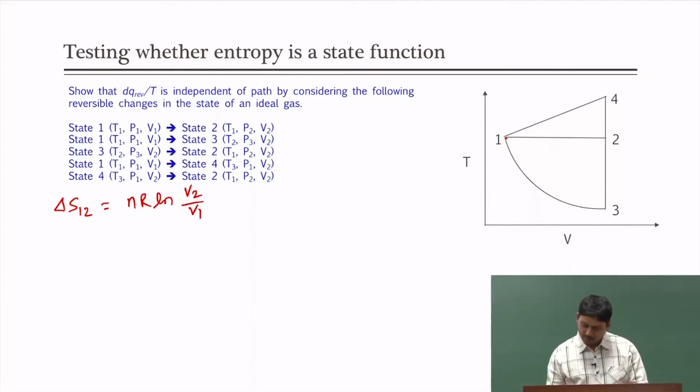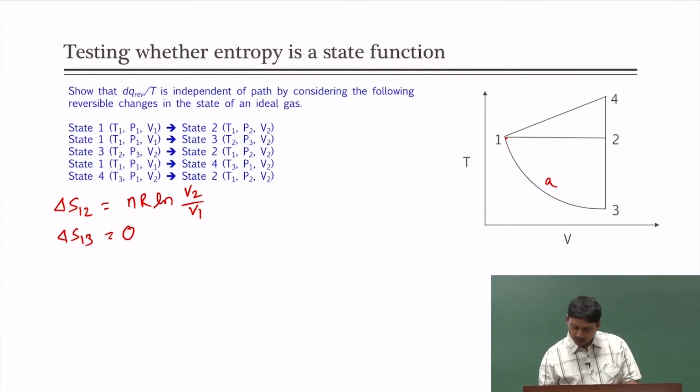Now, state 1 to state 3, this is although not mentioned, I think it is an adiabatic step. So delta S13, since it is an adiabatic step, of course, will be 0. We have calculated this one, we have calculated this one. Now, 3 to 2.